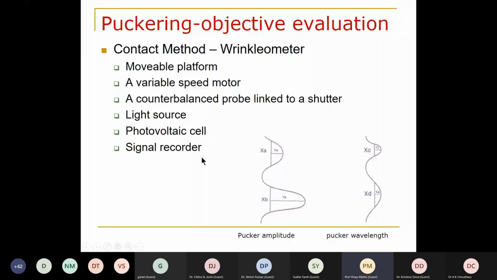So this probe is moved over the surface of the wrinkles and we can measure the amplitude and the wavelength of these puckers on the surface of the seam. So pucker amplitude and pucker wavelength are the two parameters which can be used from this trace.